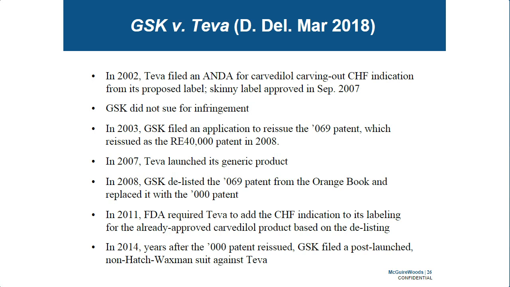And then in 2011, the FDA required Teva to add the CHF indication back to its label based on the delisting. So now the label has that patent indication, whereas when Teva launched the product, it had the skinny label, which did not have the patent indication. So now the Teva generic label has the patent indication.